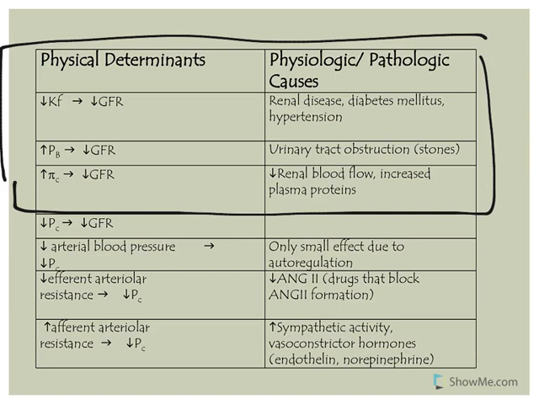So for example, if I decrease your filtration coefficient, your GFR would go down because, again, just look at the equation. GFR is your filtration coefficient times that net filtration pressure. So if somehow you decrease this, how would we do this?